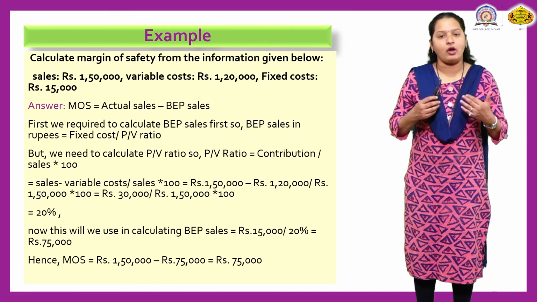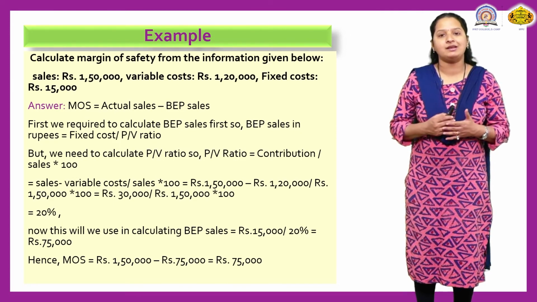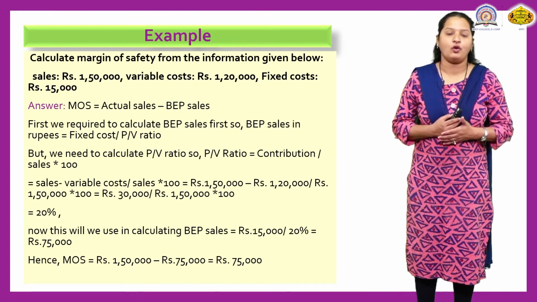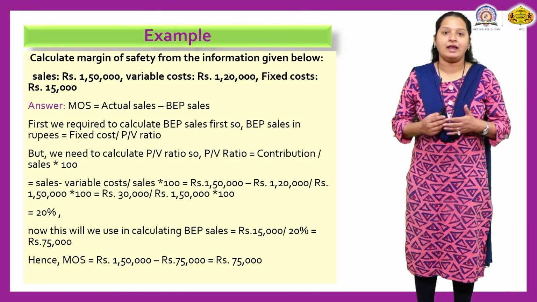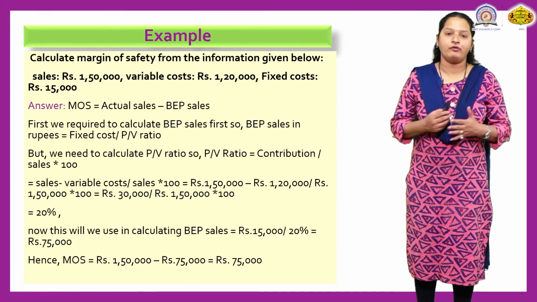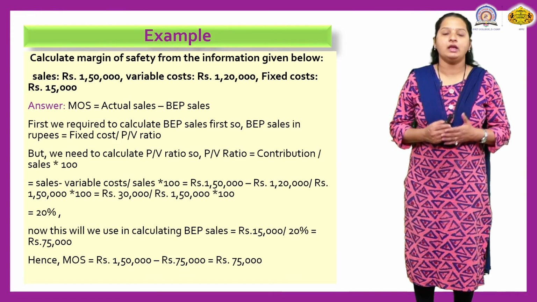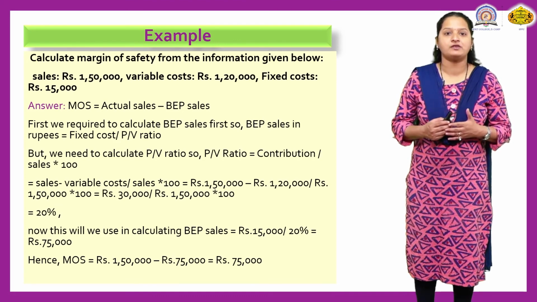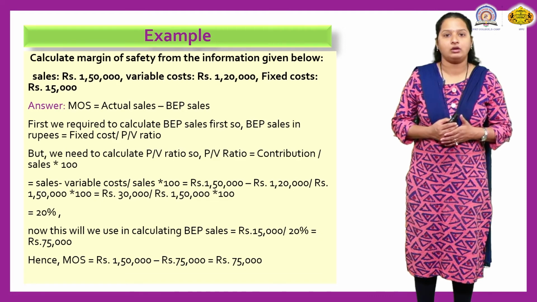Whenever the actual sales are more than the BEP sales, it represents the profitability position of the organization. In our given example, it is double the BEP sales, hence our organization is in profit. So in this way, margin of safety can denote the profitability position of the organization.